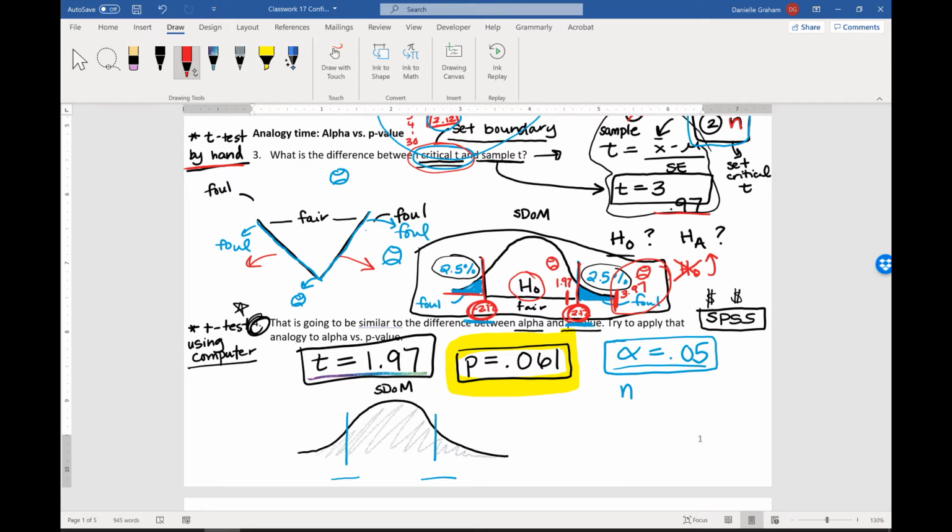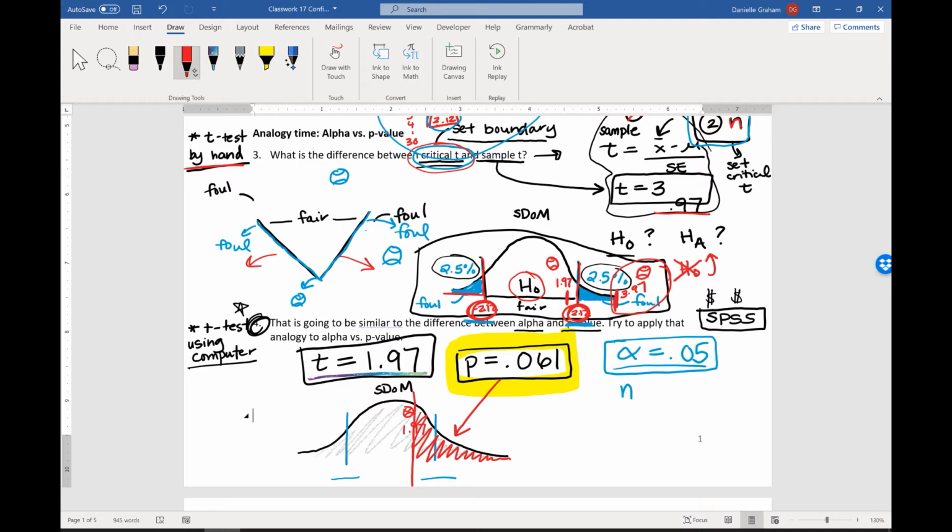This sample t landed at 1.97, right? Just like up here. So 1.97, this is our, again, theoretical baseball. Where did it hit? And then what the computer does is it says, okay, based on where that landed, this is the probability associated with landing there or higher.